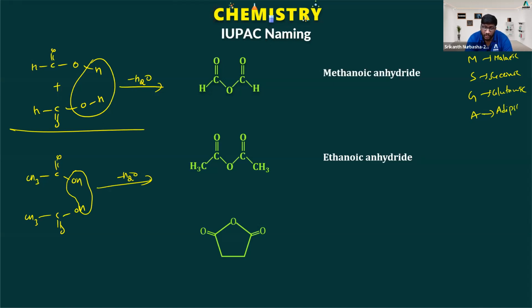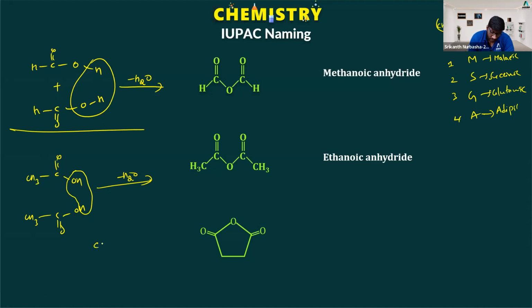Oxalic acid means we have just two C double bond OH groups connected. There was no CH2 in between. Okay, number of CH2 groups: 0, 1, 2, 3, 4. Succinic acid means between the two COOH groups you have two CH2 groups.